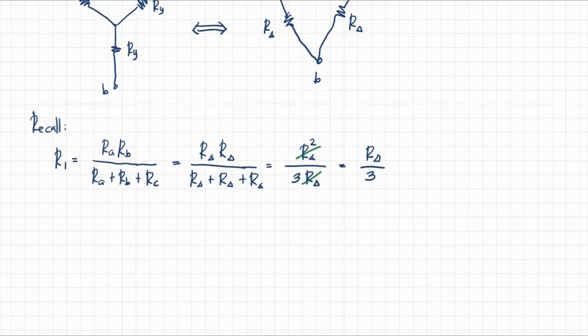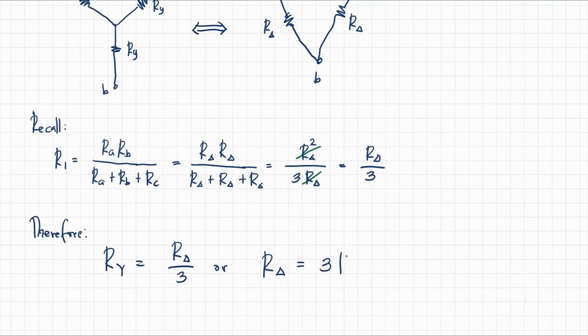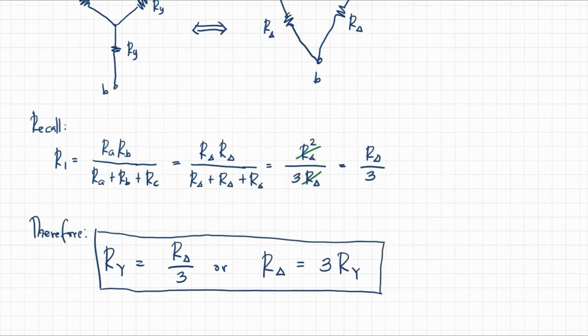Therefore, for a balanced network, the value of the Y resistance is simply equal to the delta resistance divided by 3, or the delta connected resistances are equal to 3 times the equivalent Y-connected resistance. This is very useful, especially when the elements of our network are all equal, so it simplifies our solution.